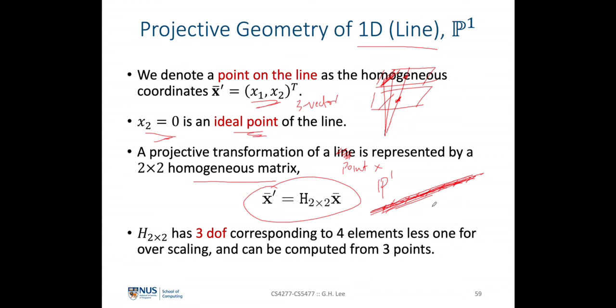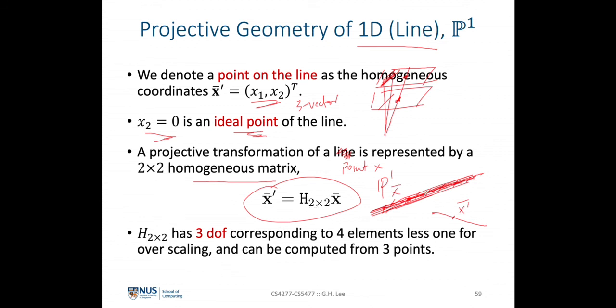So what this means is that we are looking at how this point that lives in a certain line transforms onto the other line, where it becomes x bar and x bar prime, given by the projective transformation of the H 2x2 matrix.